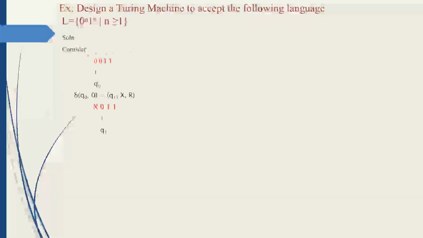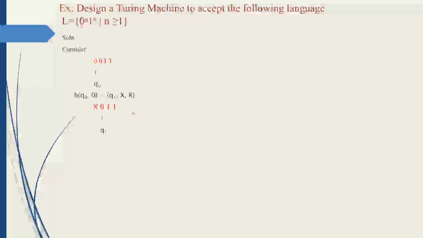So the same thing we have done. We replaced 0 by x, the remaining are as they are, our state is changed to Q1 and we are moving the cursor to the right direction. Until we find 1, Q1 just goes on moving to the right direction, keeping 0 as it is.